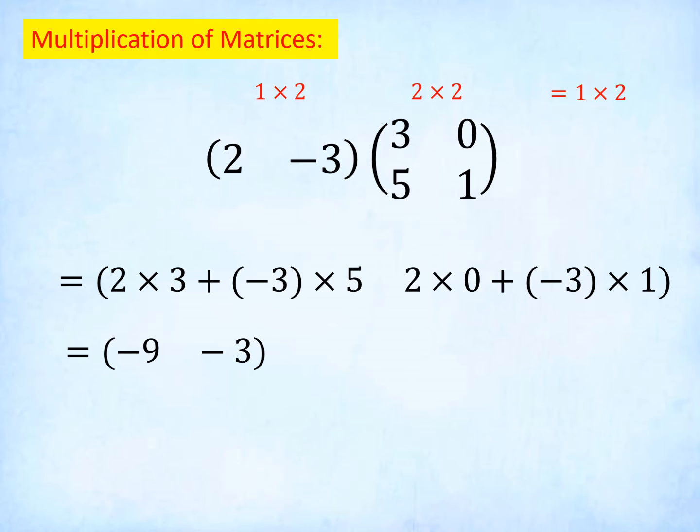We have 2 times 3 plus negative 3 times 5, and then we have 2 times 0 plus negative 3 times 1. When we add 6 plus negative 15, it is equal to negative 9. 0 plus negative 3, it is negative 3. So we are having a 1 by 2 matrix.